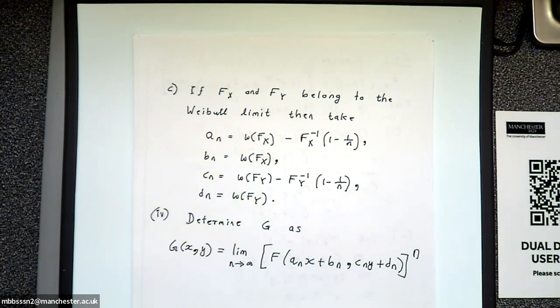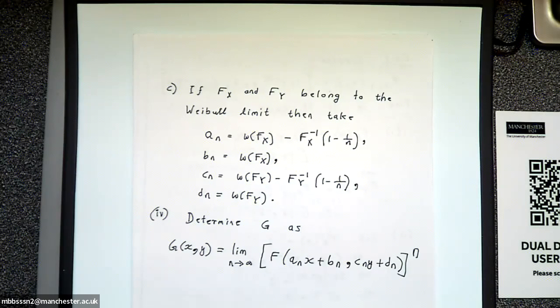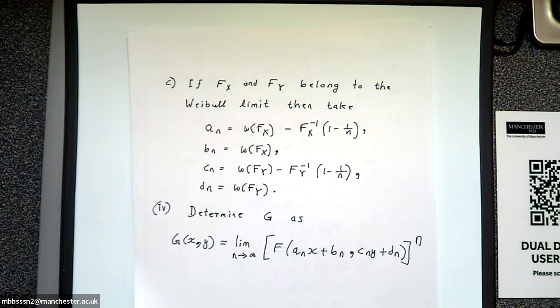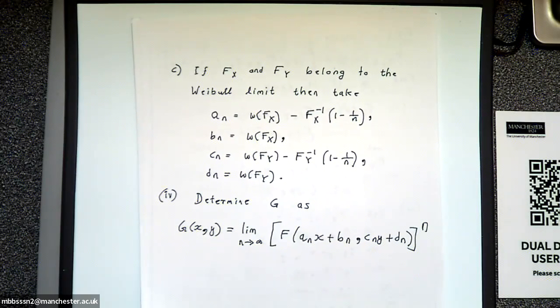In practice, you can have one of the marginals belonging to, say, the Gumbel domain of attraction, whereas the other marginal belongs to, say, the Fréchet domain of attraction. But let's ignore those cases. All right.